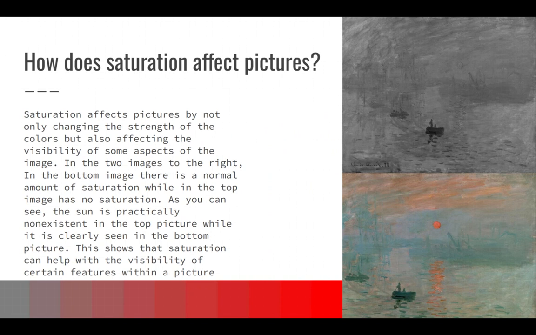But in the top image, there's no saturation. As you can see, in the top image, the sun is practically non-existent, while it is very clearly seen as a bright orange in the bottom picture. This shows that saturation can help with the visibility of certain features within a picture and isn't just there to make the picture look better.